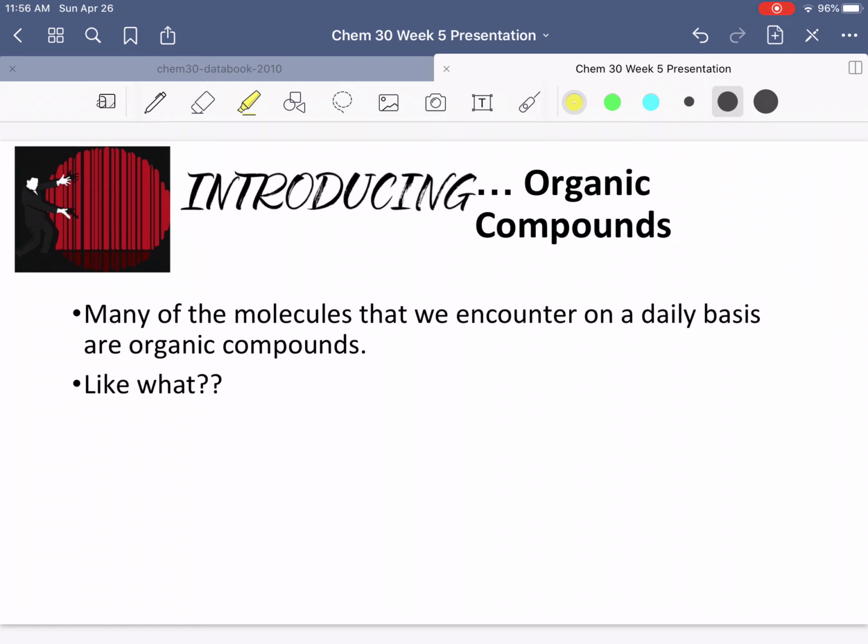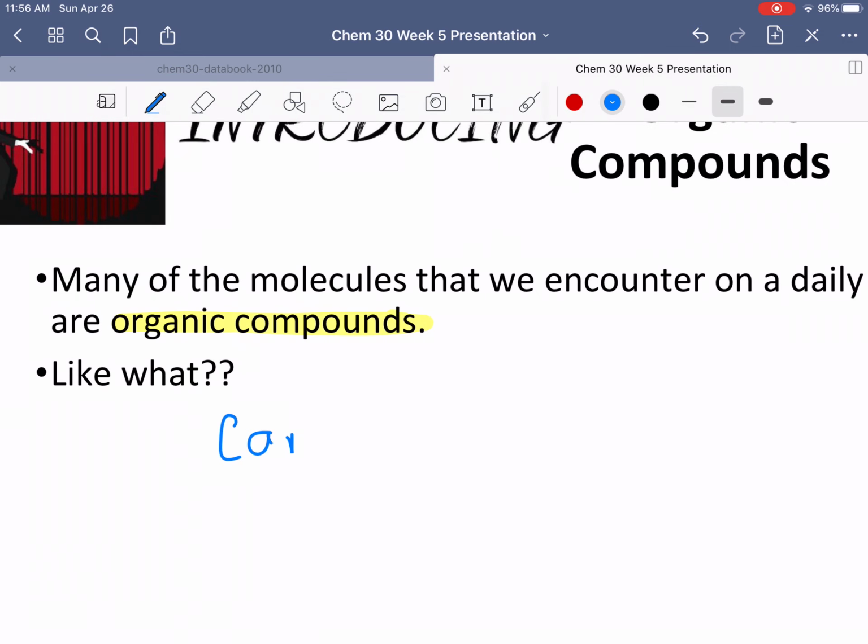Now, first of all, when we think about the molecules that you encounter on a daily basis, so many of them are organic. It's not enough to just have carbon to make you an organic compound. But some of the huge ones, if you have taken Biology 20, that come to mind are your carbohydrates, your lipids, your fats, and here's the ringer of them all, your proteins.